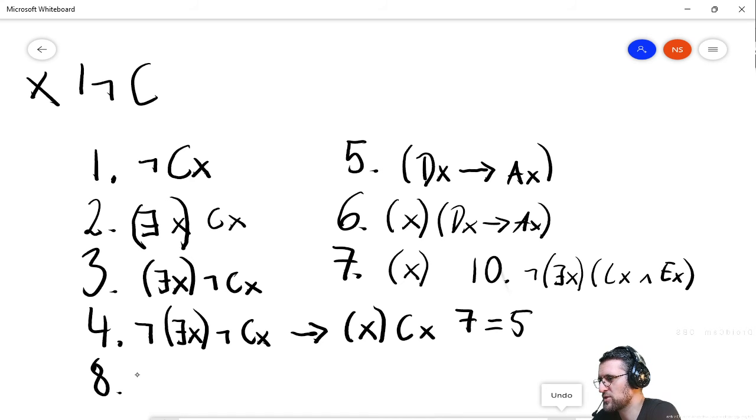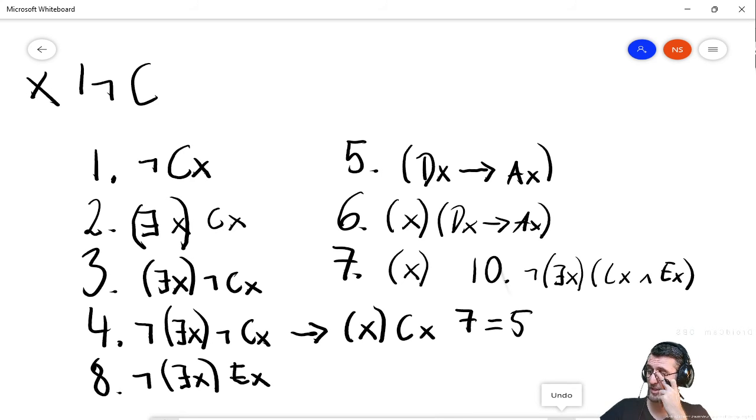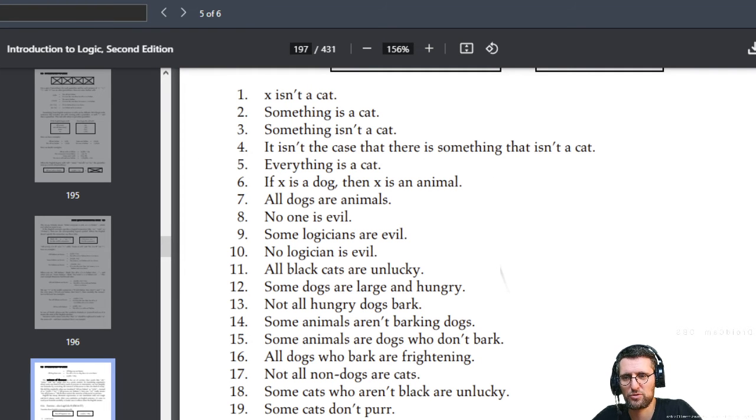So we could say, it is not true that there exists an X, so that EX, and E stands for evil, right? If it applies to human, we could also write human X and evil X, right? However, I won't do that. Let's do number 9. So yeah, these translations are really not so difficult, but it's good to practice that.